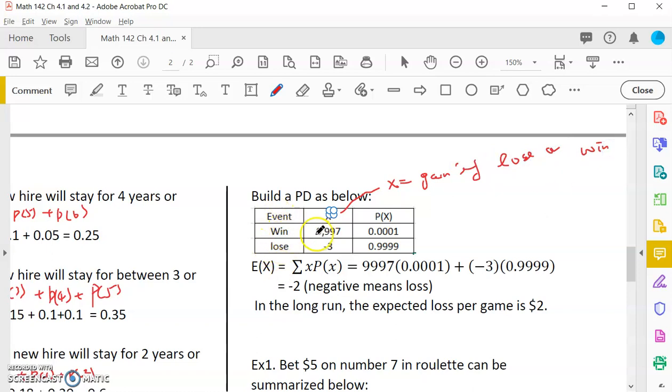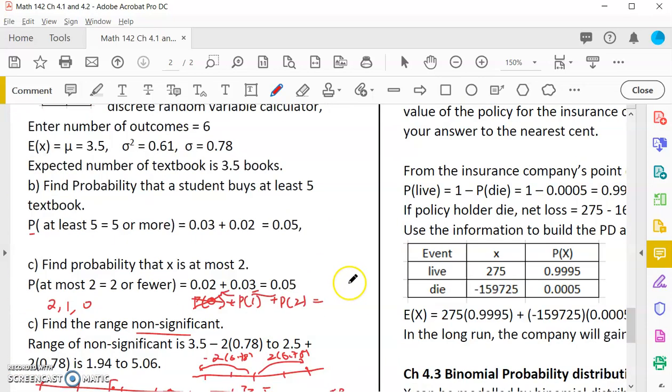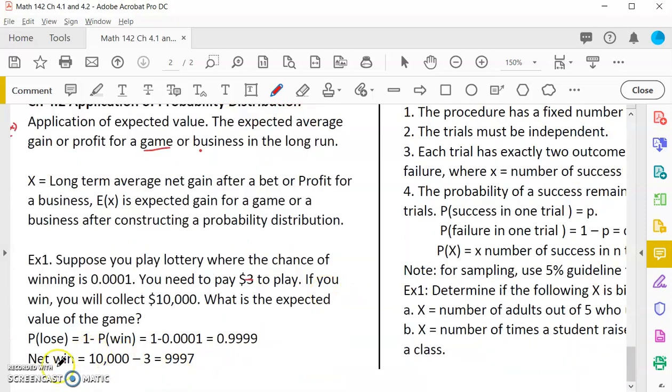If you win, you do not win $10,000 because you paid $3 to play. So the net gain of winning is 10,000 minus $3, which is 9,997. The probability tells you that the chance to win is 0.0001, so what's the chance of losing?